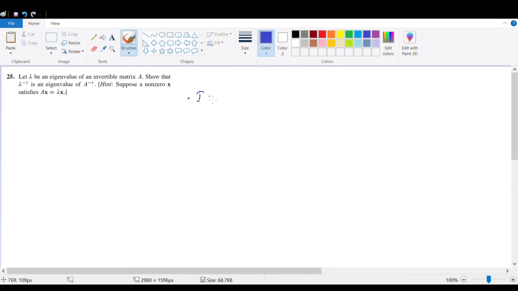So now if we assume lambda is an eigenvalue of A, then that means there exists x such that Ax is equal to lambda x.